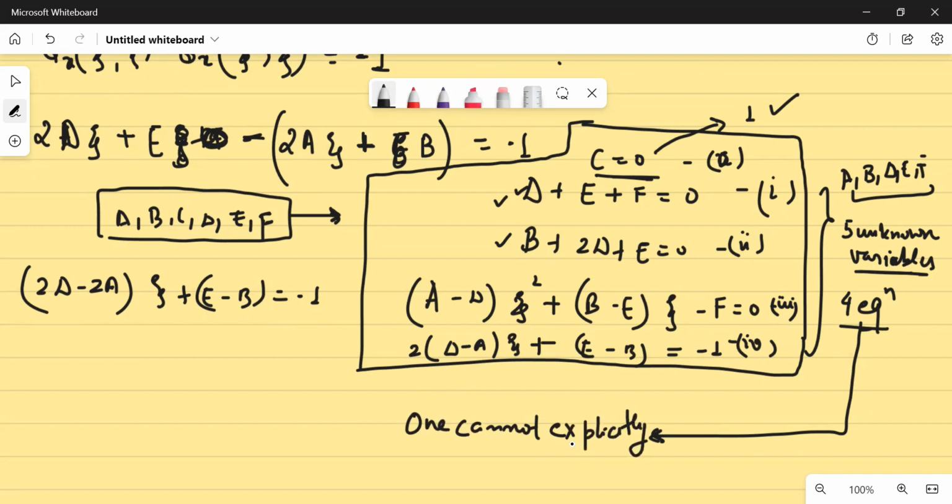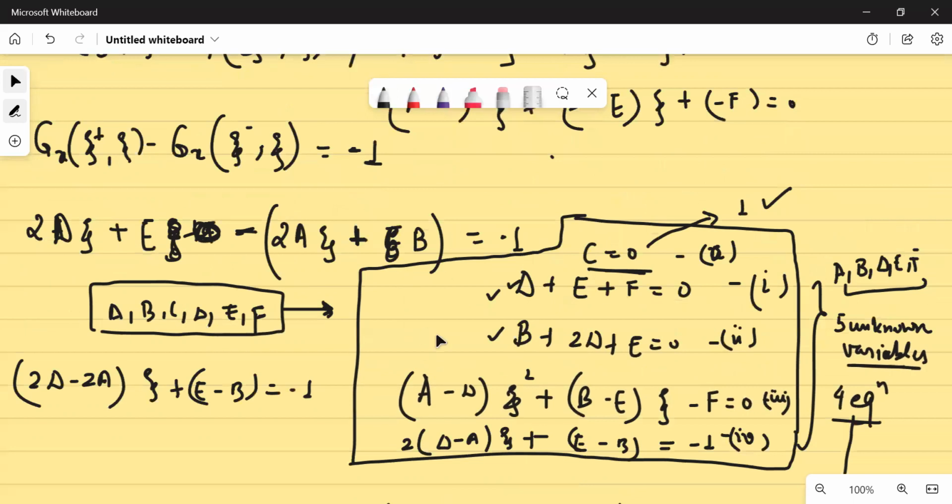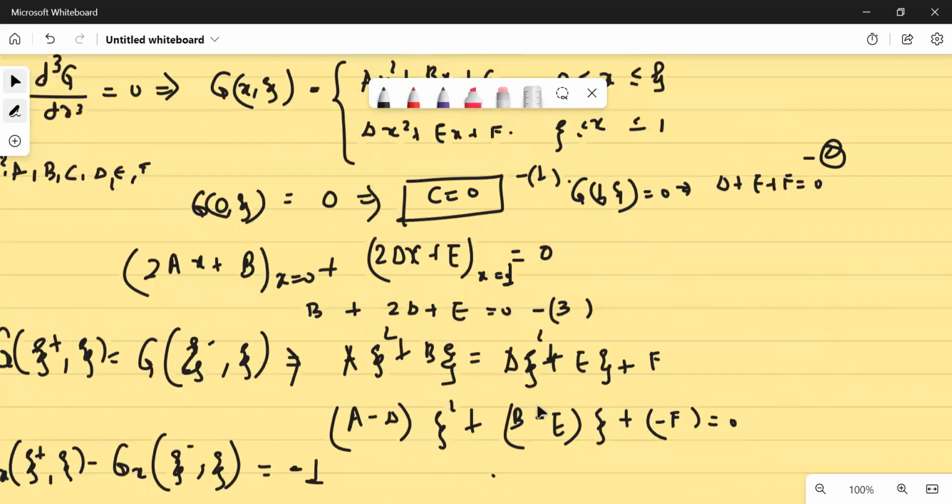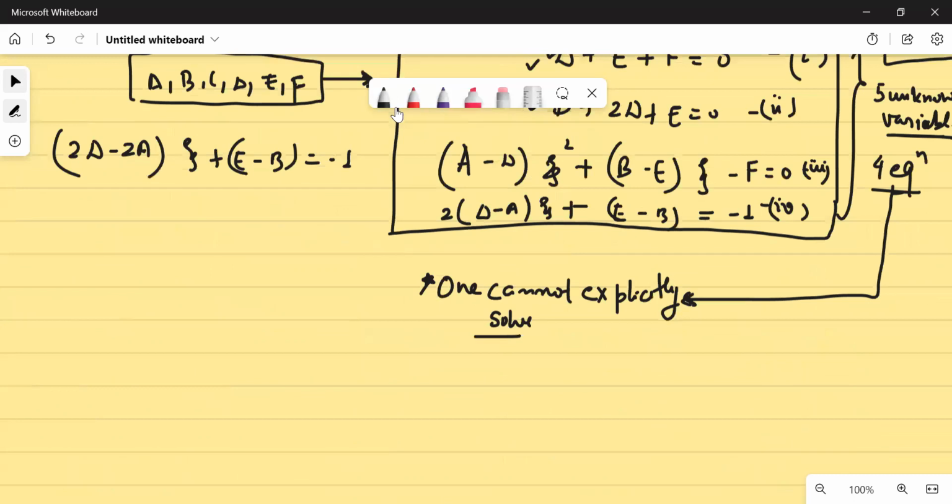Is that clear to you? If one cannot solve it explicitly, what will happen? There will be an issue in identifying the appropriate Green's function. Okay. So in short, I can write: one cannot find.